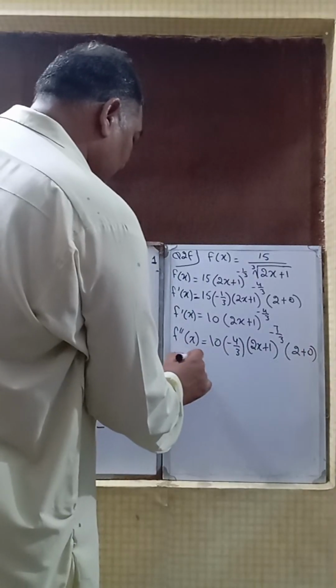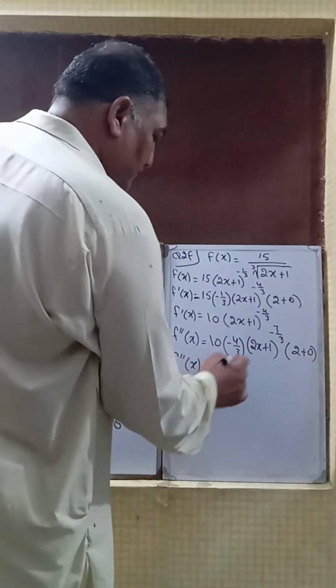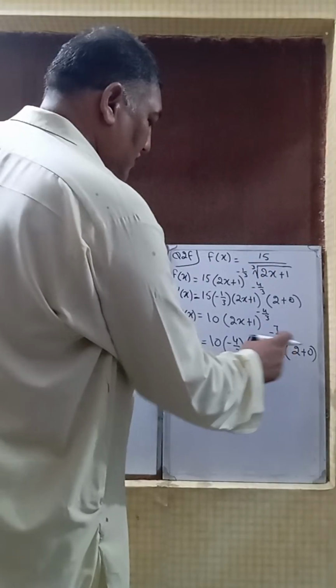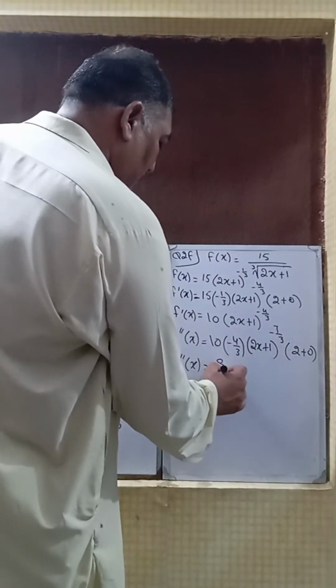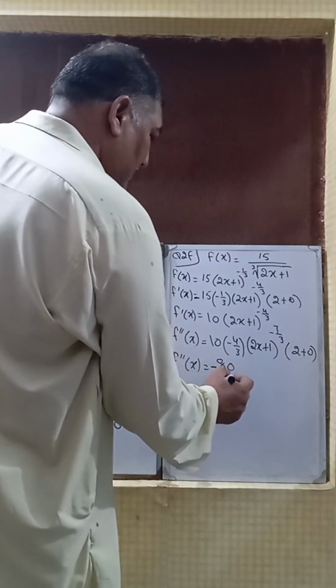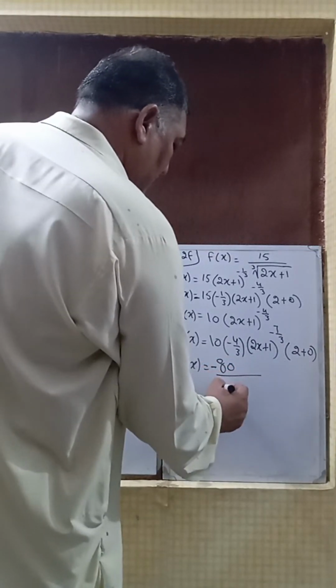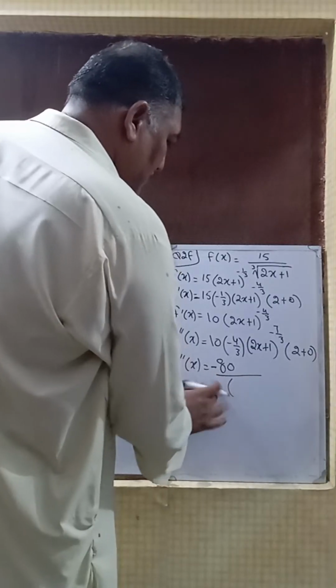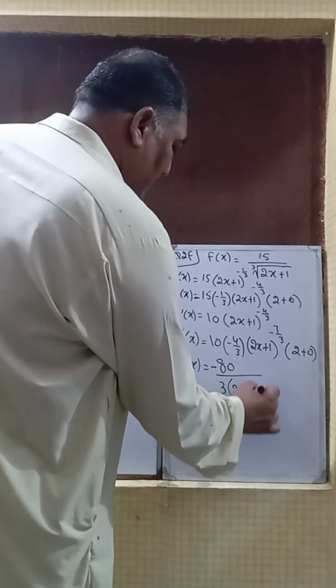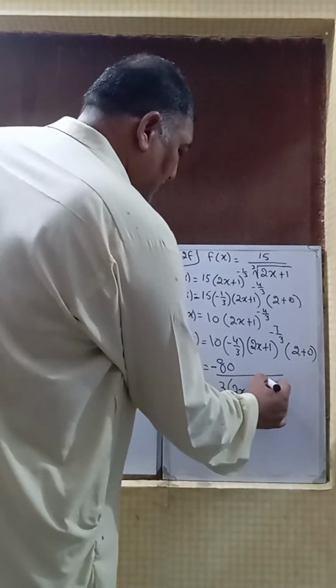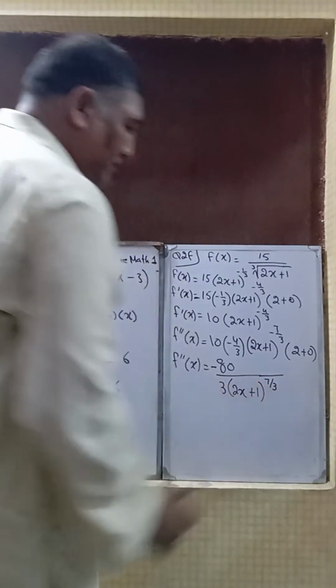So the second derivative will be equal to 40, 80, 80 divided by 3. There's a negative sign here and 3. And this is (2x plus 1) raised to power 7 by 3.